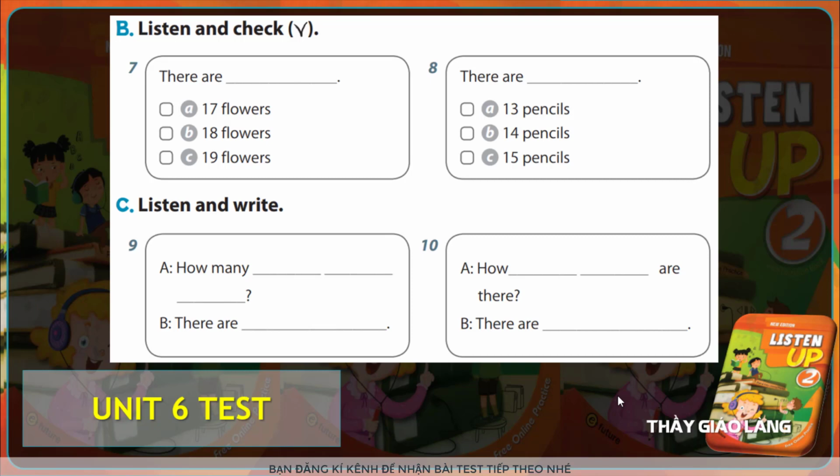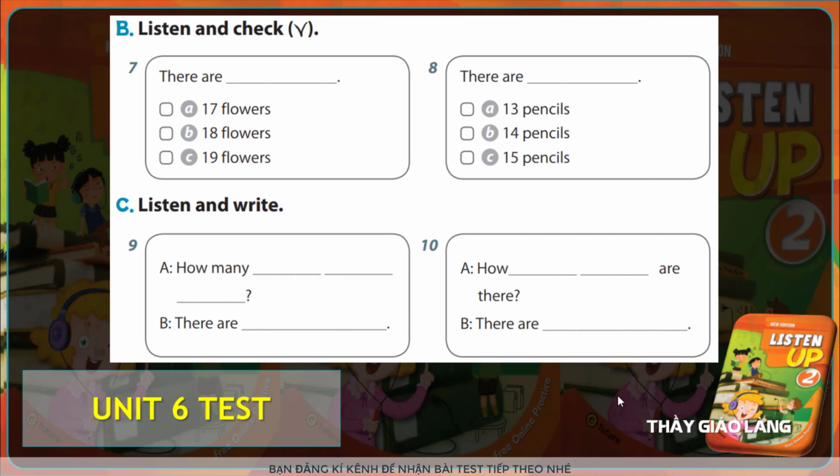Are there 16 flowers? No, there aren't. How many are there? There are 17 flowers. 8. Are there 13 pencils? No, there aren't. How many are there? There are 14 pencils.